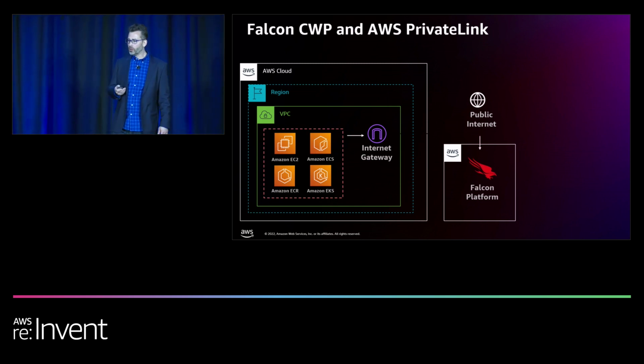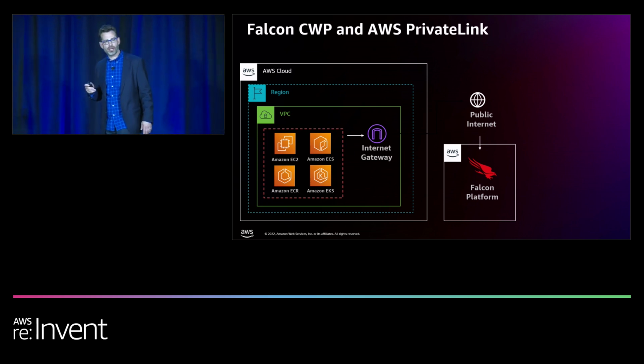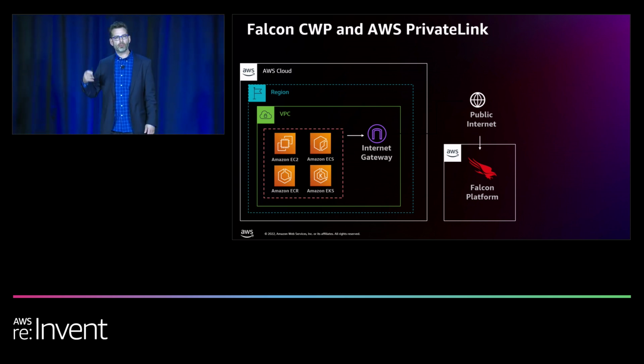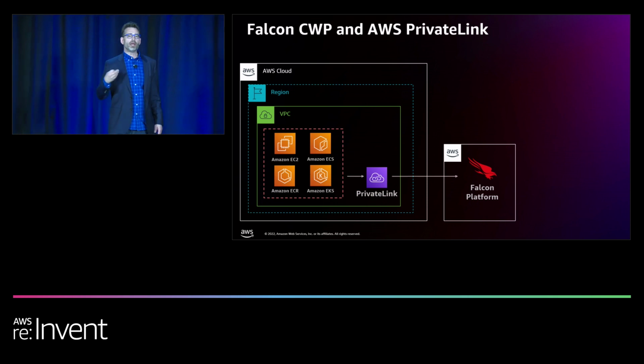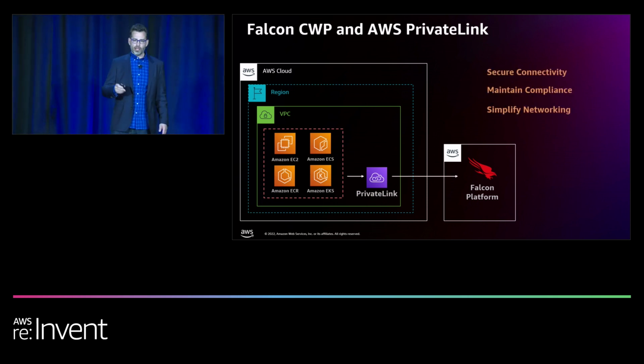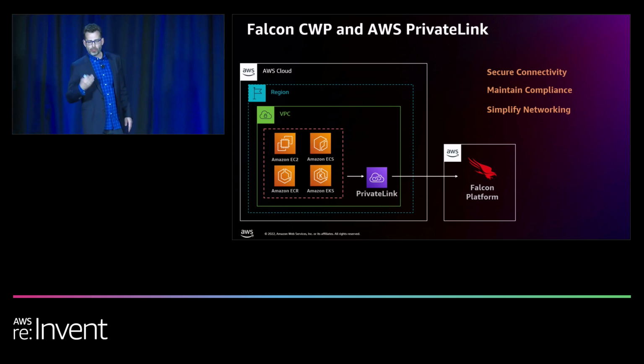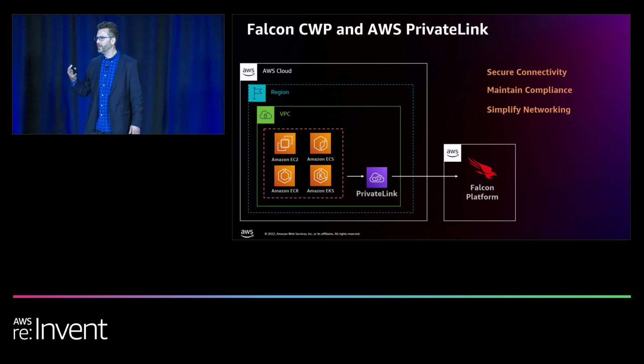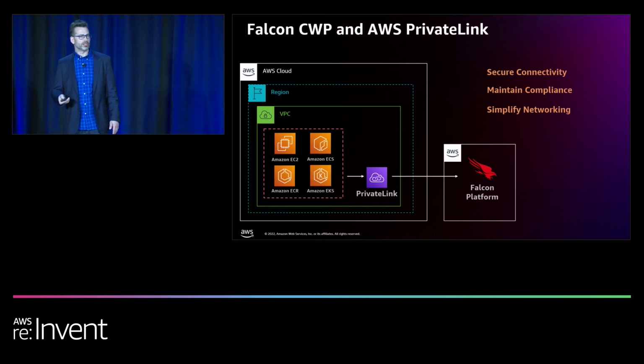But if your organization has really strict compliance and needs to stay within private IP space, we have private link connections in multiple regions so that you can send that data through the private IP space. It provides secure connectivity, helps you maintain compliance, and simplifies networking. You don't have to deploy edge firewalls and things like that.